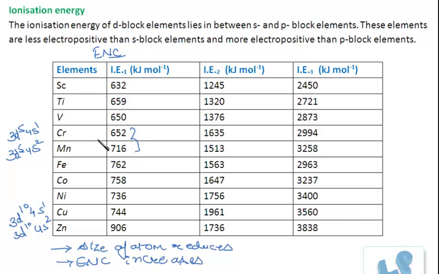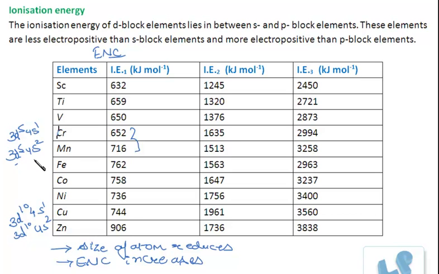This is because the electron is to be removed from the 4s subshell, which is completely filled. And again, the second ionization energy is high because the electron is to be removed from the stable orbital.